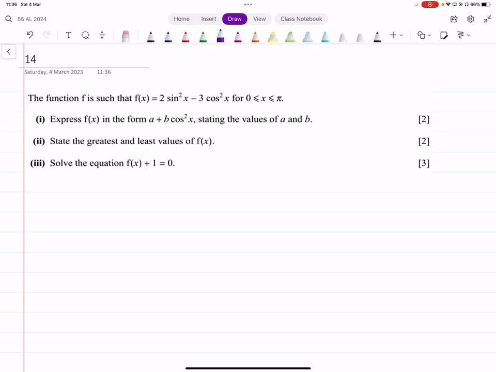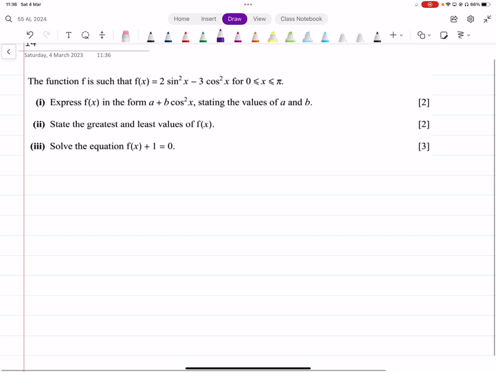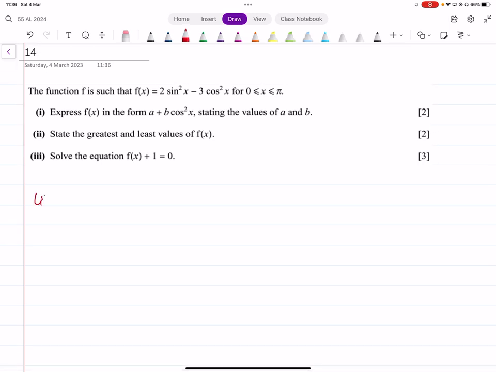The function f is such that f of x is equal to 2 sin square x minus 3 cos square x for x between 0 and pi. You have this function given and the domain is from 0 to pi.